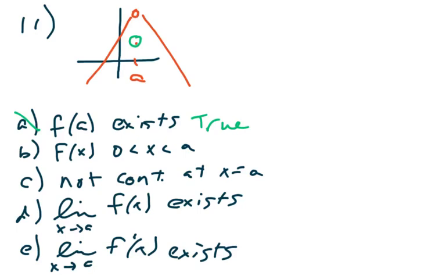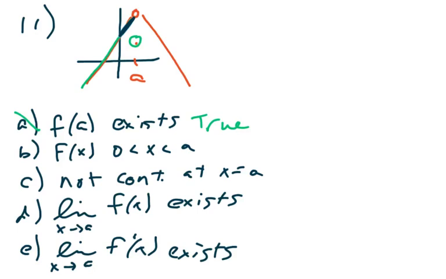B, f of x is defined for 0 less than x less than A. Well, that's true. Look at this side right here. Everything less than your A value actually only starts at 0. From 0, that's the red color, between 0 and A, all of my x values are defined.